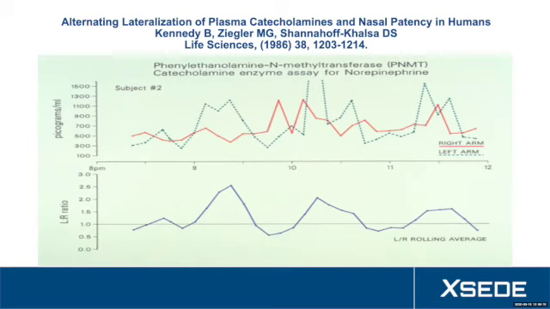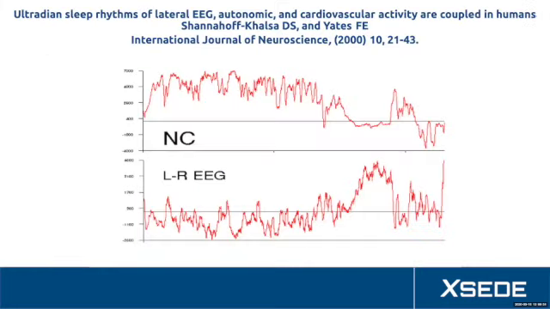And then we do left minus right. We get the graph below, and you see this nice ultradian parameter. So everything on the 2 sides of the body is out of phase as well, at least during resting state, which would include sleeping, of course. Next slide. That work was also done at UCSD and was published in Life Sciences in 1986.